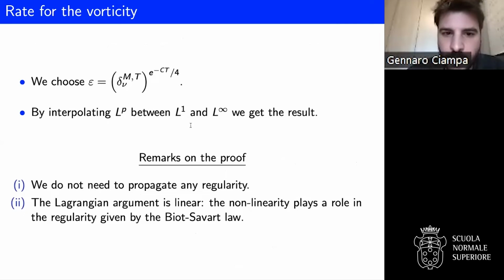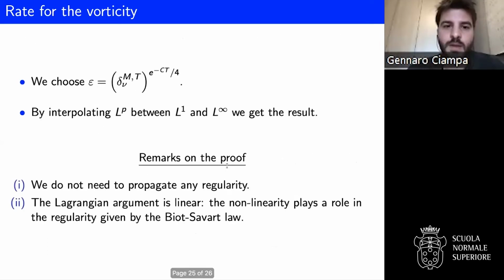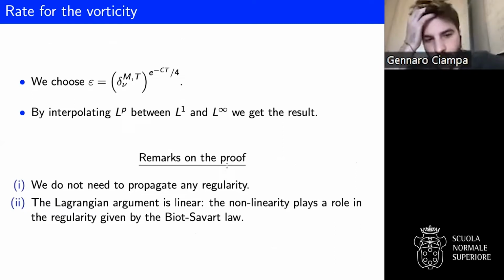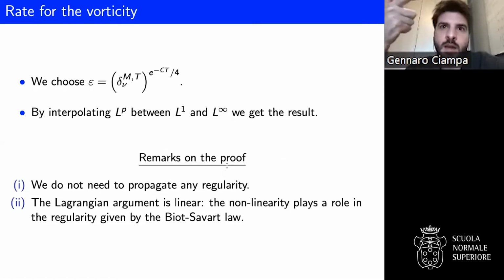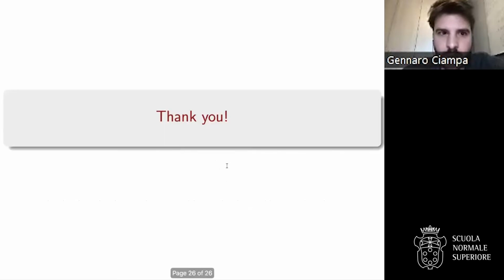So the question of whether the rate is optimal or not is still open. And the second one is that this Lagrangian argument is completely linear. In fact, the nonlinearity plays a role only, and it is good in this case because it gives us regularity via the Biot-Savart law. And that's it. Thank you for your attention.